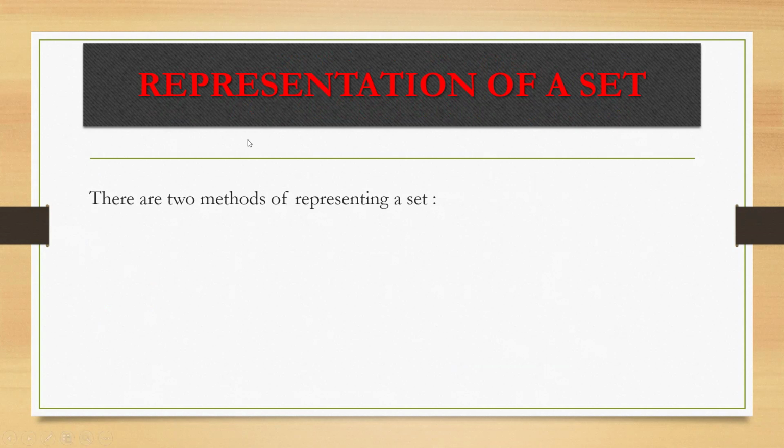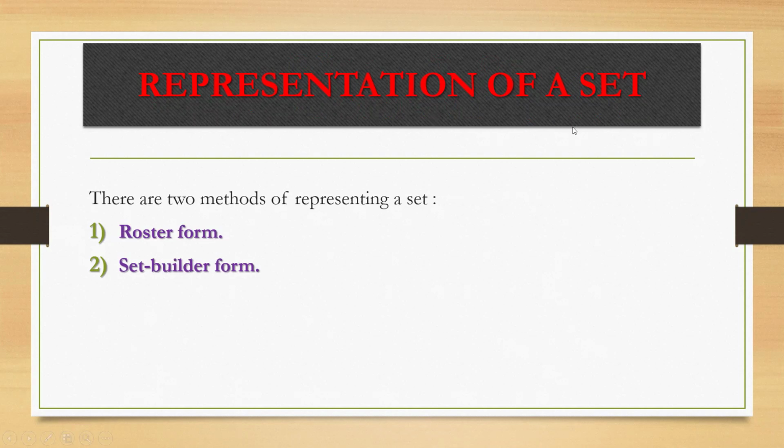And now, a set can be represented in two ways. There are two methods of representing a set. The first method is the roster form, and the second one is the set builder form. So we will be dealing in detail with both these methods.